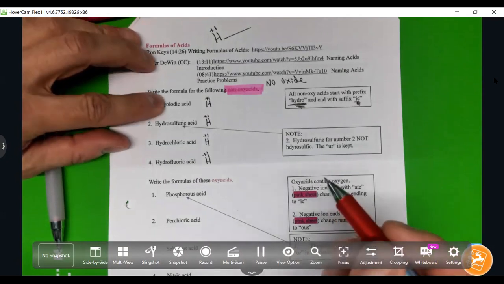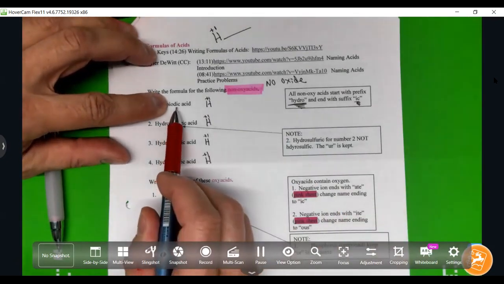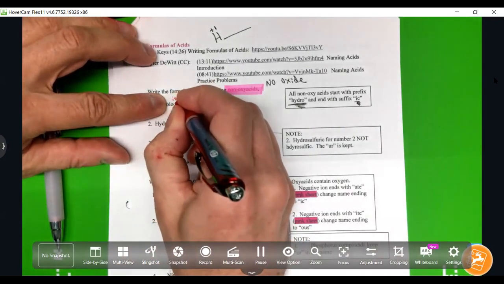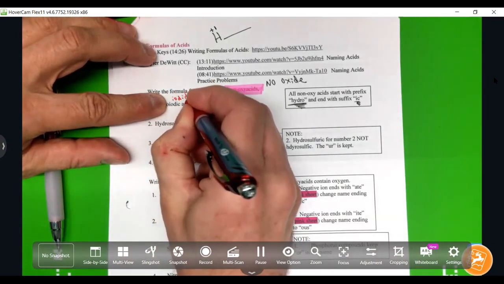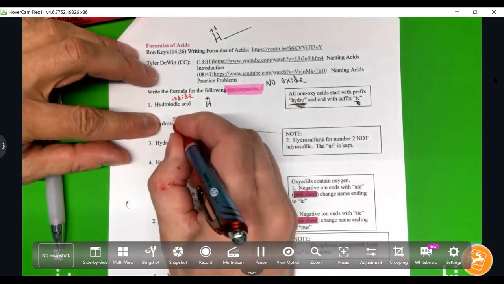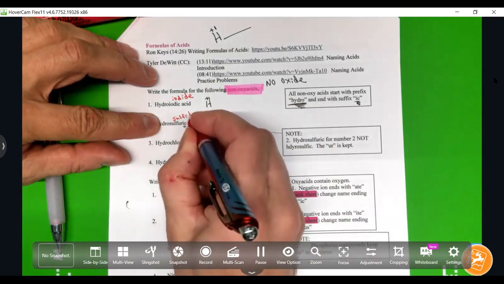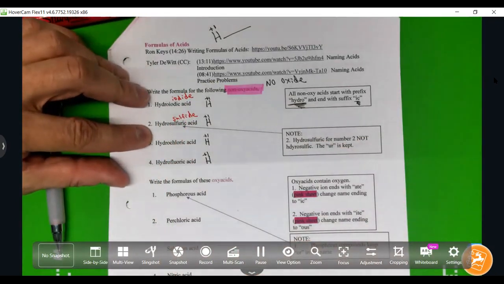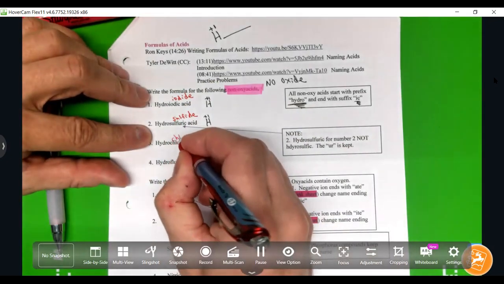And then this is going to be the negative ion on the pink sheet. This is going to be iodide. This is going to be sulfide. This is going to be chloride.